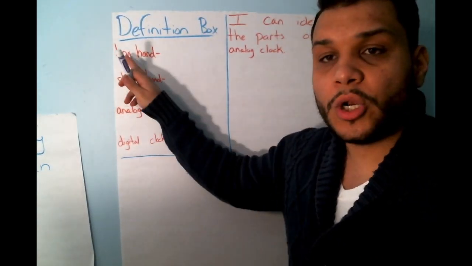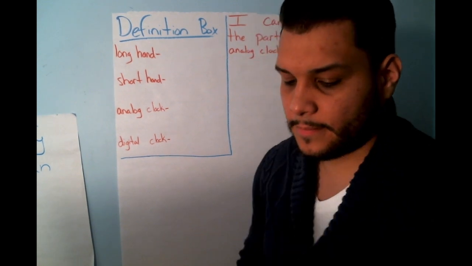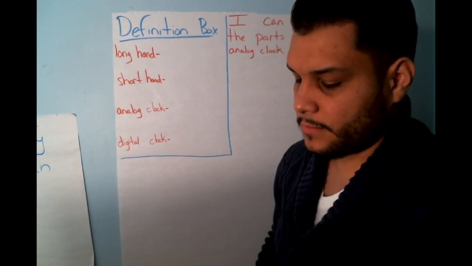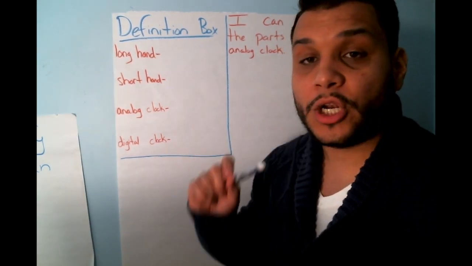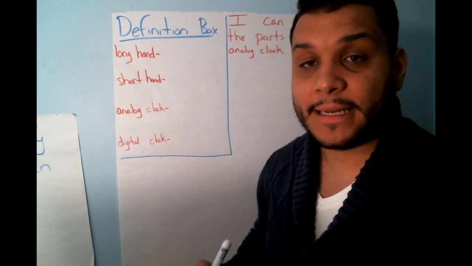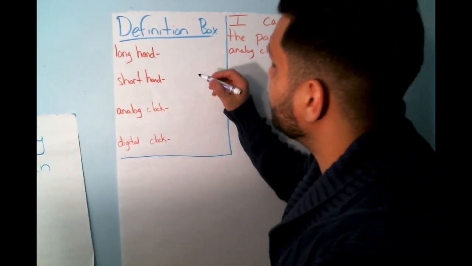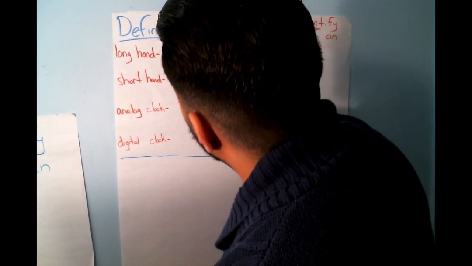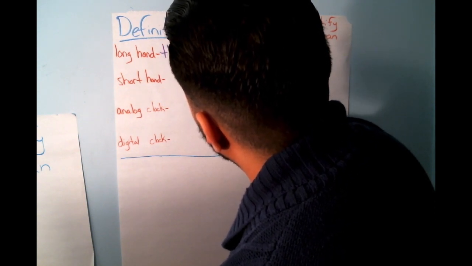What do you think the long hand does? Awesome job. If you said that the long hand shows the minutes, you are correct. So we can say that the long hand is the minute hand.